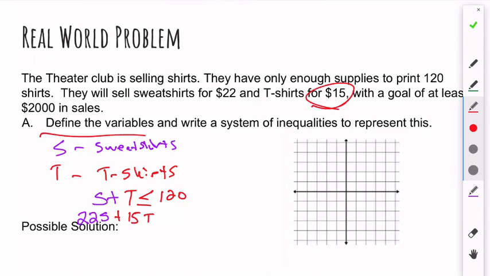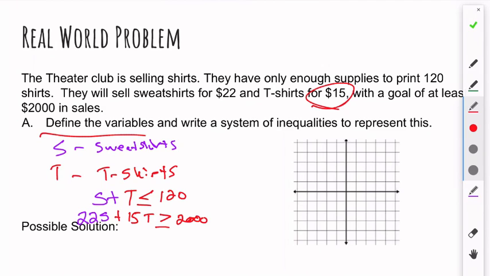And together it says it has to be at least $2,000. Okay, so if I add these together, however many I sell in each one of them, it has to be at least $2,000. Now I have my system of inequalities.